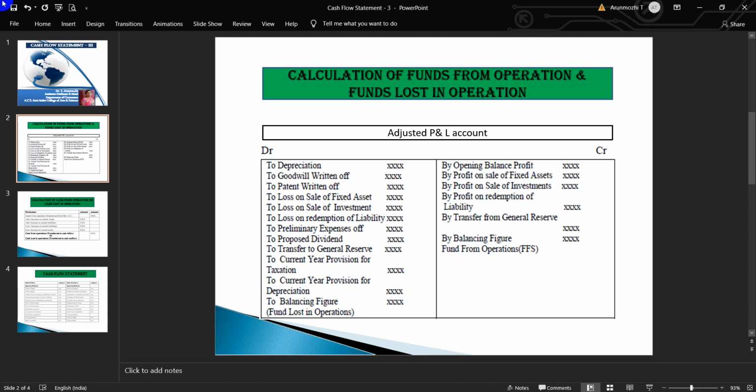It can be prepared in the statement form also: the net profit earned during the year, add all the non-fund and non-operating items, deduct the non-fund or non-operating items which are already credited to the P&L account. Suppose the profit and loss account shows a net loss, the above procedure will be reversed.